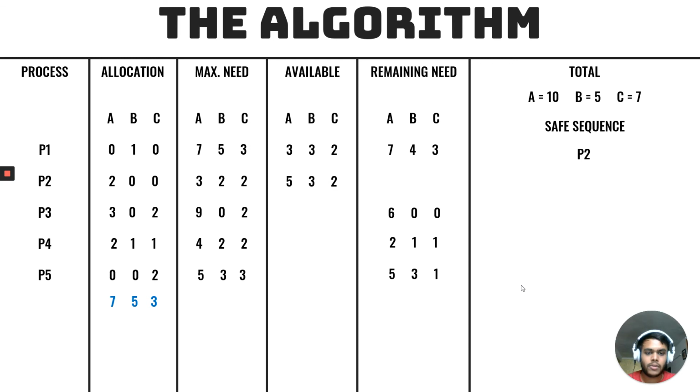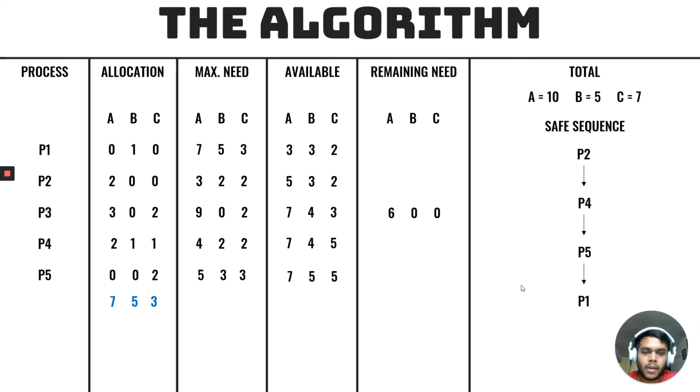P4, we can fulfill the need, so we freed the previous resources and it's in the safe sequence. Same with P5, then we move on to P1 and P3.